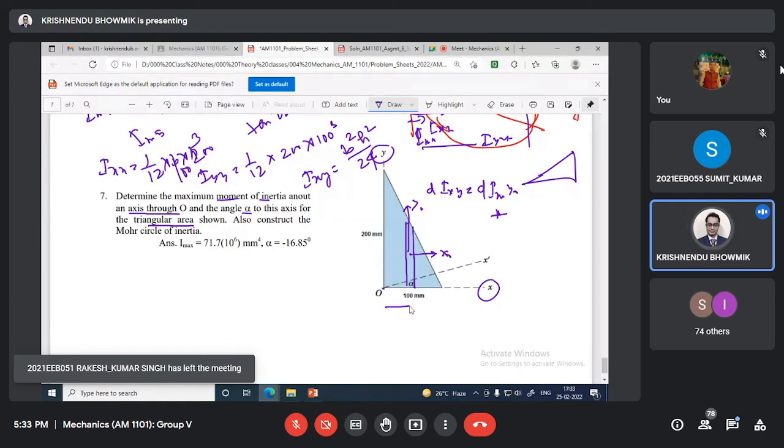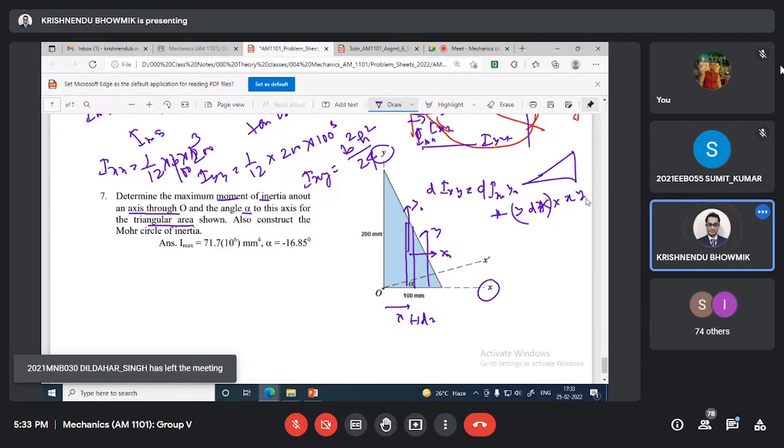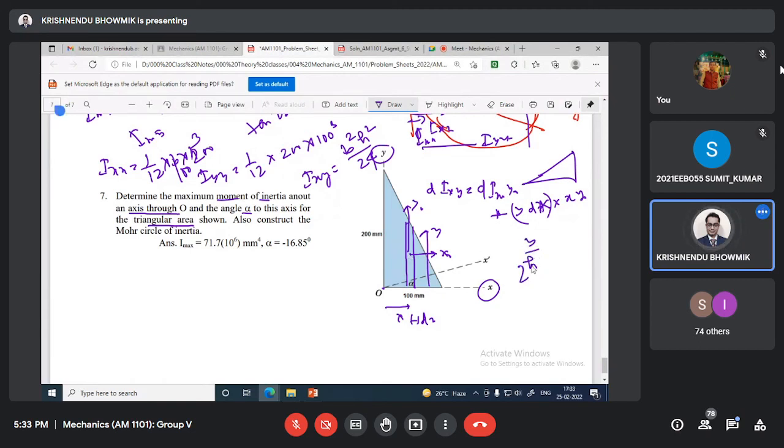Area is, this is X dx, this is Y. Area is dA, that is Y dx, multiplied by the distance X multiplied by Y. Now, from the similar triangles, we can write that Y by H, actually 200 here, equals 100 minus X by 100. Because this is X here, so this is 100 minus X.